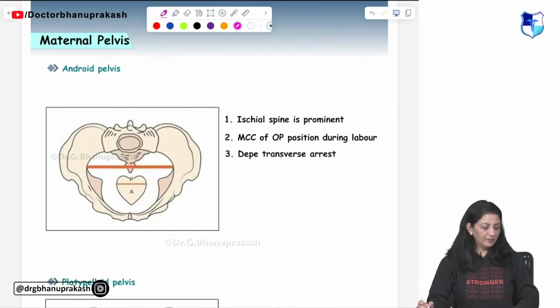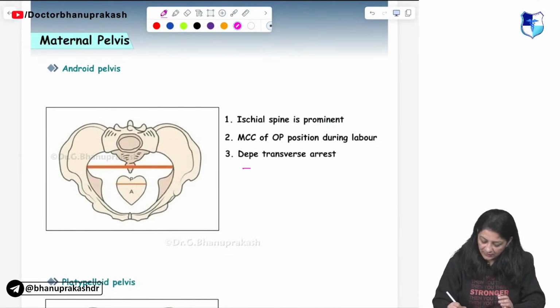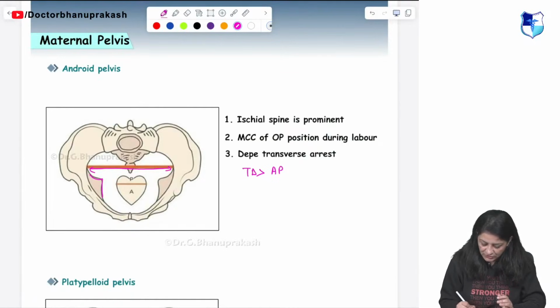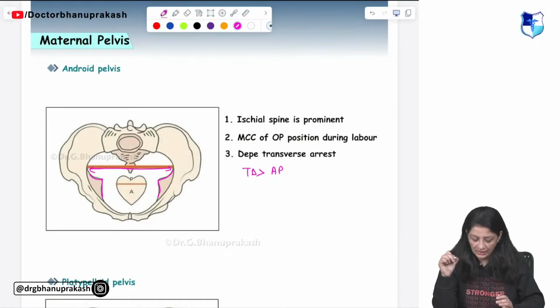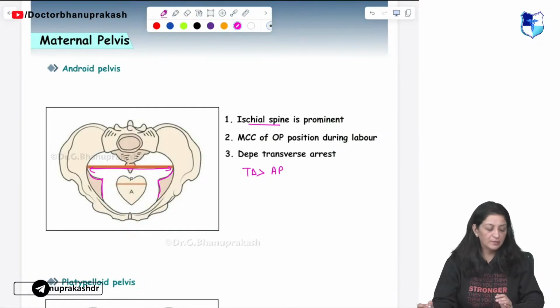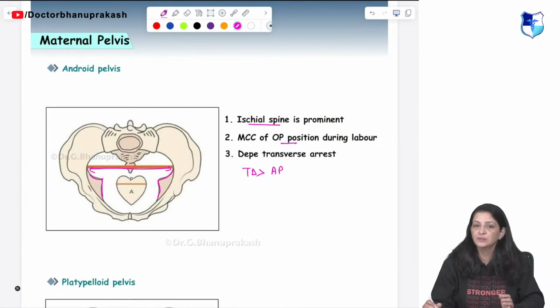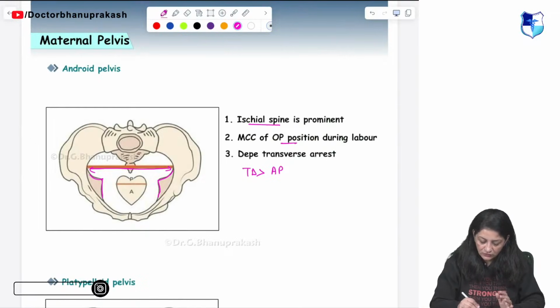And android pelvis: transverse diameter is more than anterior posterior diameter, and there is a prominent ischial spine. The internal rotation of fetal head takes place at the ischial spine. Android pelvis is the most common cause of occipito-posterior position during labor and deep transverse arrest.